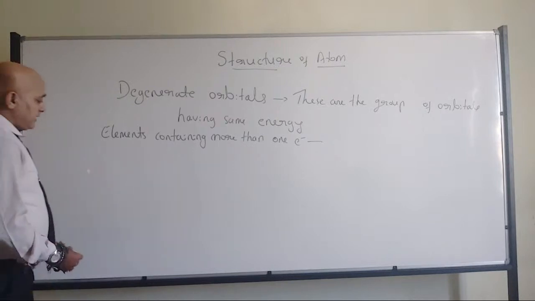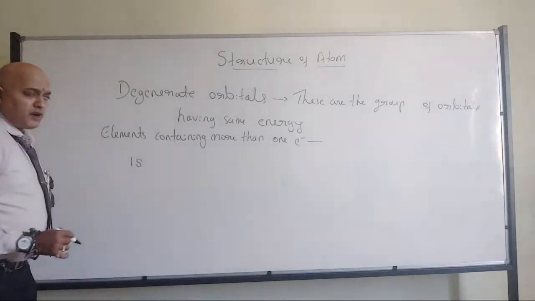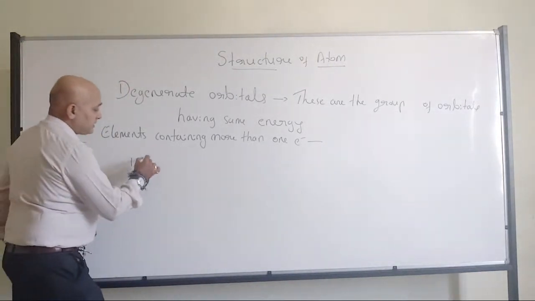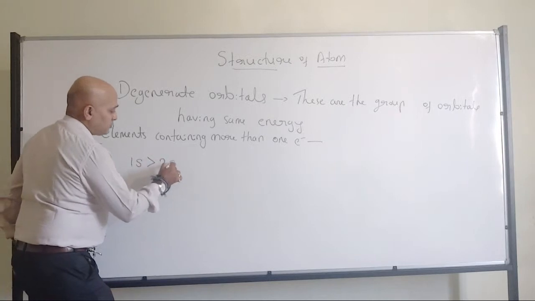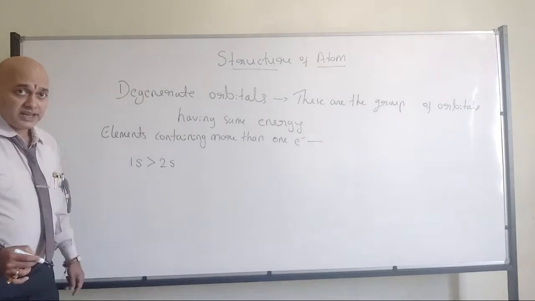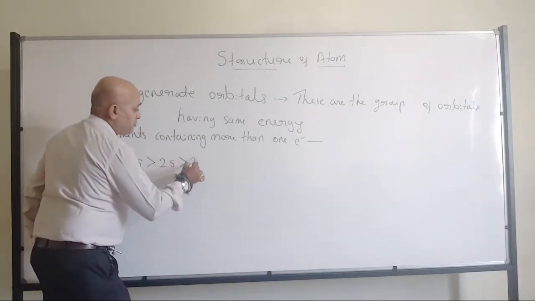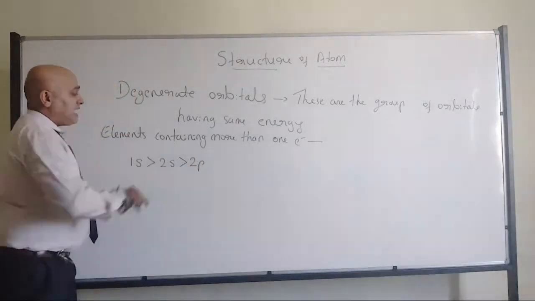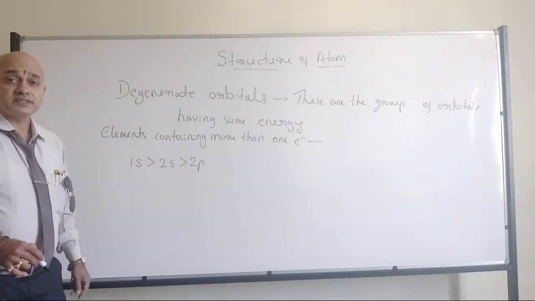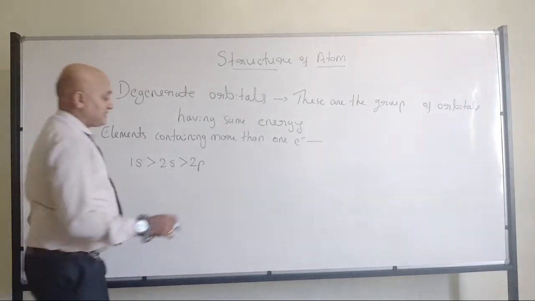Say for example, 1s as usual will be of smaller energy. Then comes the 2s, which will be of a bit higher energy compared to 1s. Now observe carefully. We have 2p, which will be a bit higher energy compared to 2s.